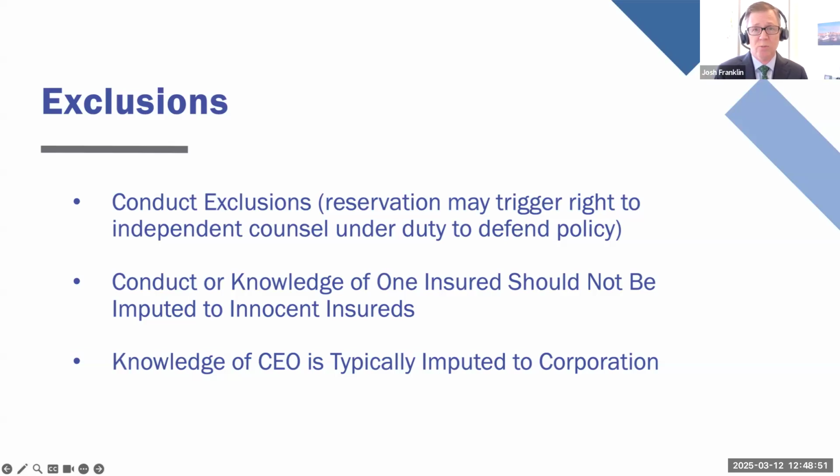You don't want a situation where that intentional act on the part of one officer negates coverage for everybody. And so these non-imputation provisions will generally provide that the knowledge or conduct of one insured is not going to be imputed to other individuals who we refer to as innocent insureds.